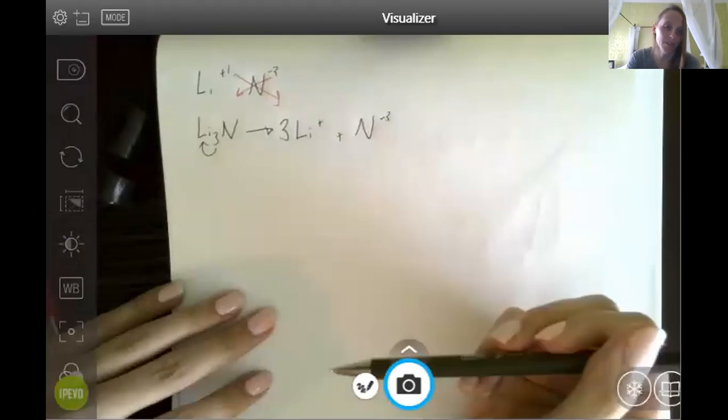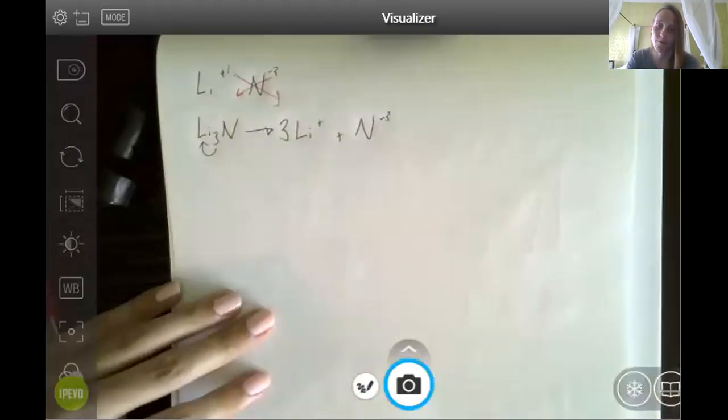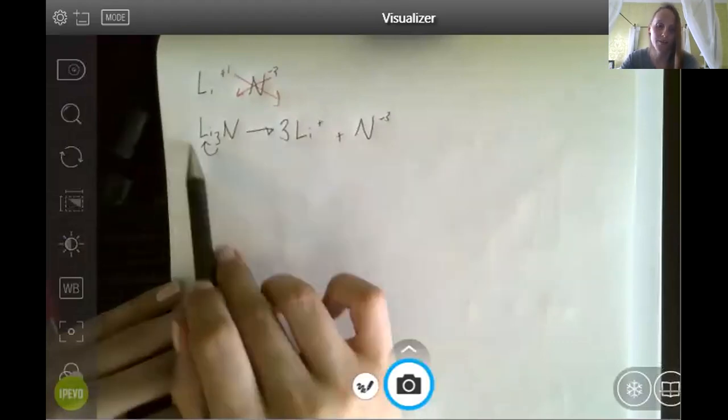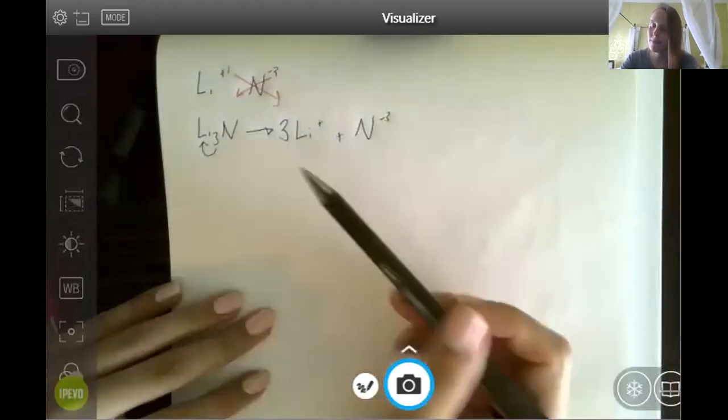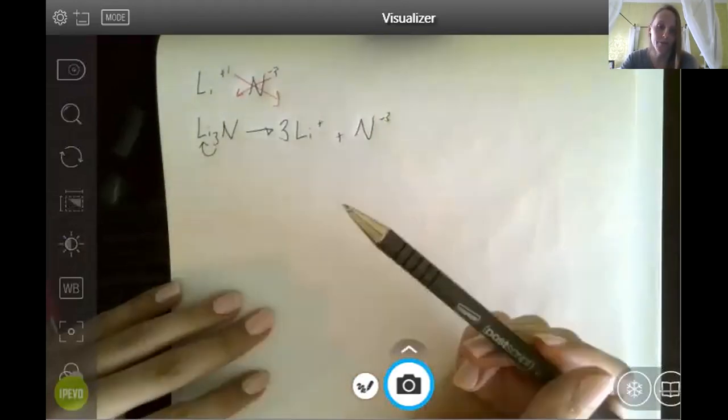Our next step, which is step 4 over on the PowerPoint, is to set up a ratio between our lithium nitride, or whatever we're starting off with, and then each ion, one at a time.